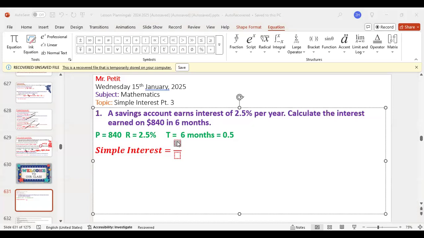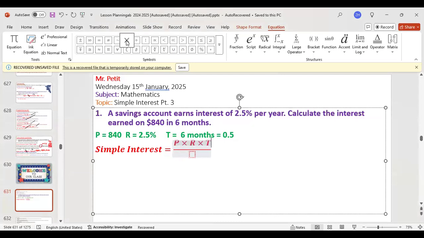So let's do the formula, and let's do this right. P multiplied by R multiplied by T, all over 100. In this case, the principal is what? 840.